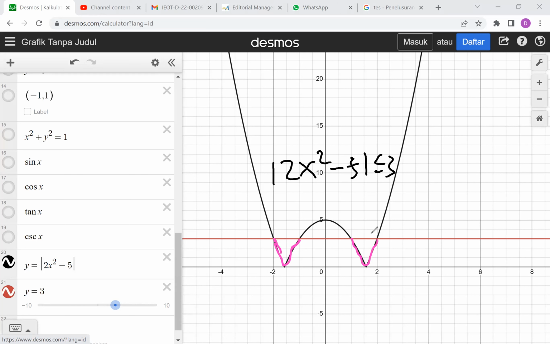In this case, the region is minus 2 until minus 1, and then 1 until 2. That's why the solution is the union between the interval minus 2 comma minus 1 and the interval 1 comma 2. So that's the solution.